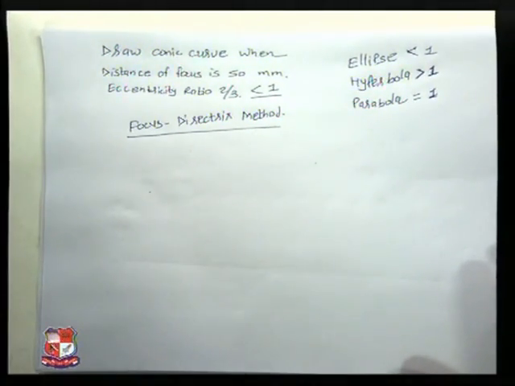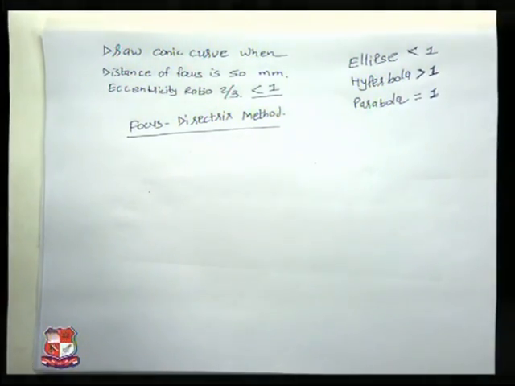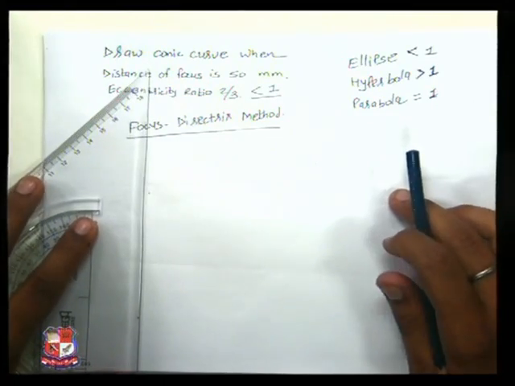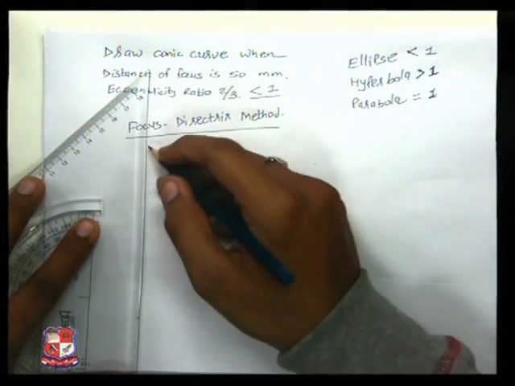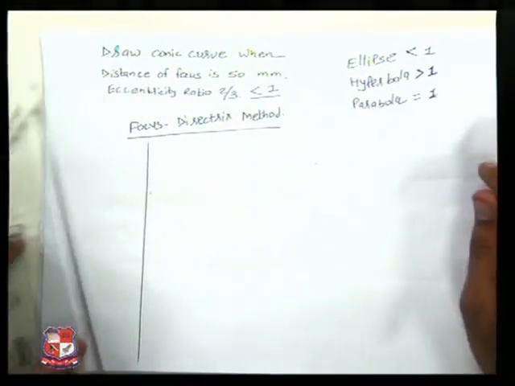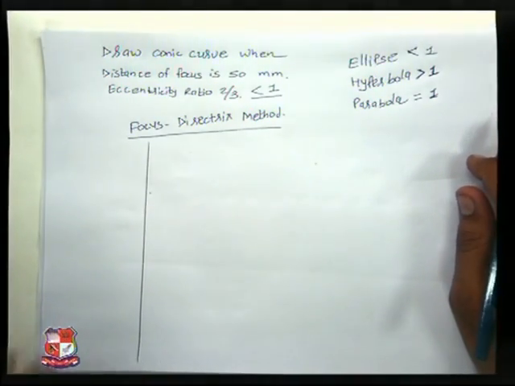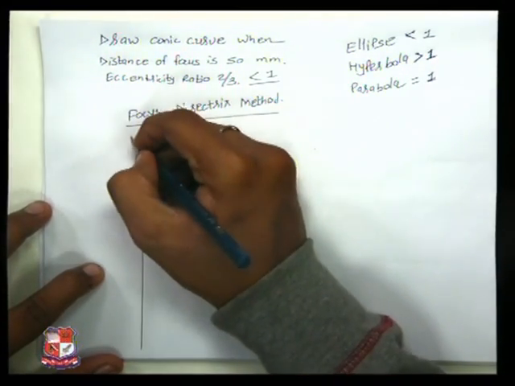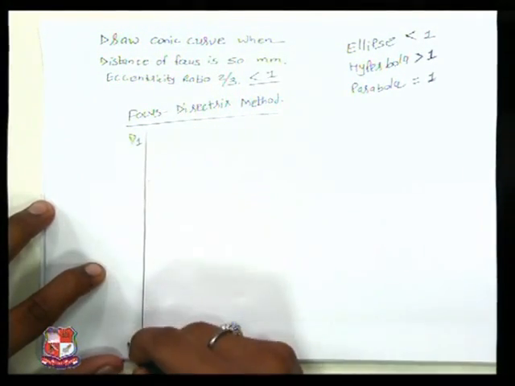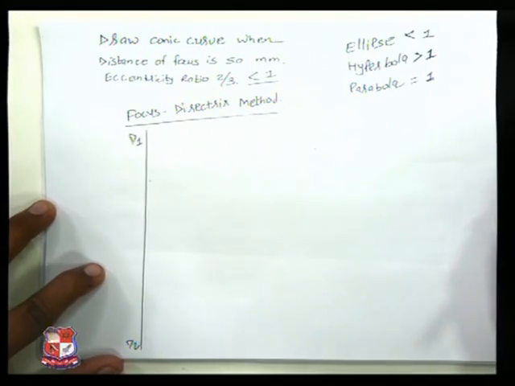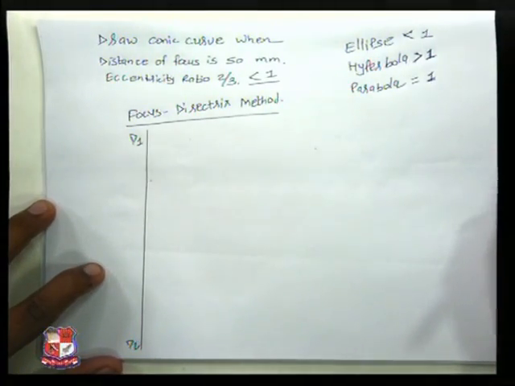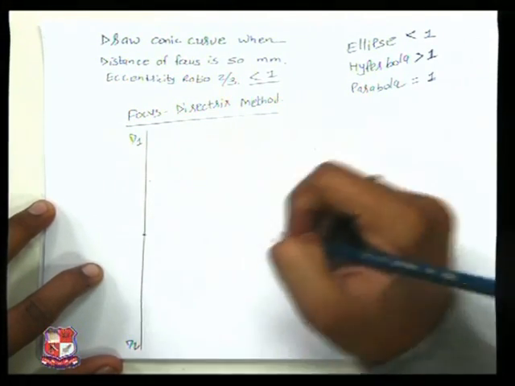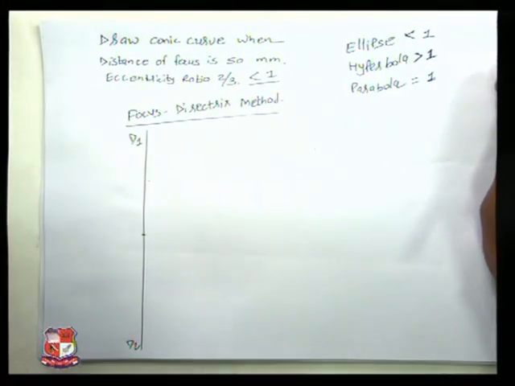Now what is the method to draw this focus directrix? First of all, draw a directrix line of any distance, a vertical line. Name it as D1, D2. At any point, mark a point.